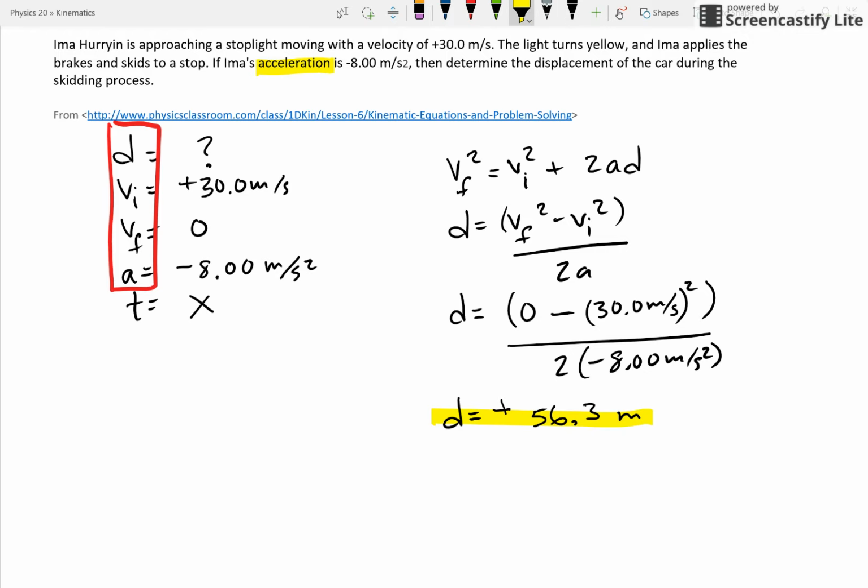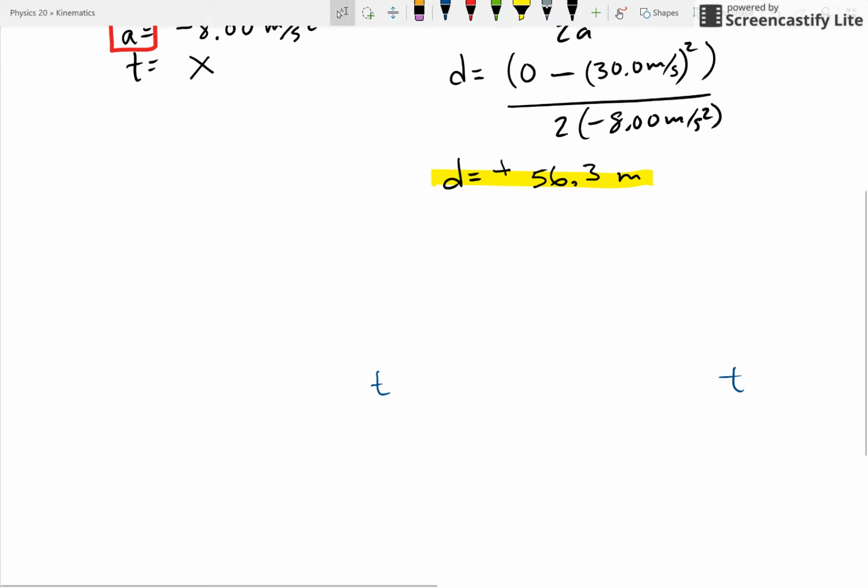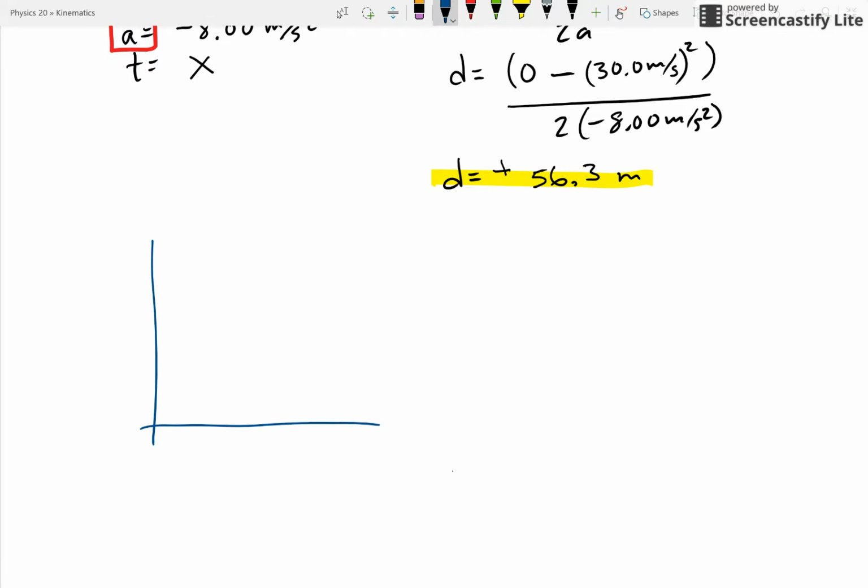Now we can also look at this graphically. So if we were to sketch graphs of a position time graph and a velocity time graph of this motion, what would it look like? So we know that Ima is traveling at 30 meters per second and then comes to a stop.